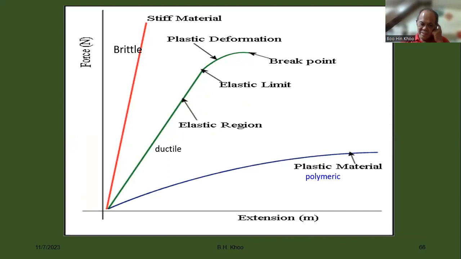So we can summarize the three: brittle, plastic or rubber polymeric material stretches easily, with a little bit of force, extension a lot. Whereas for ductile material, there's an elastic limit, then there's a plastic region. After the elastic limit, the whole region until it breaks is called plastic deformation.